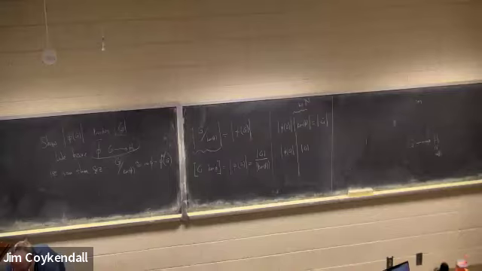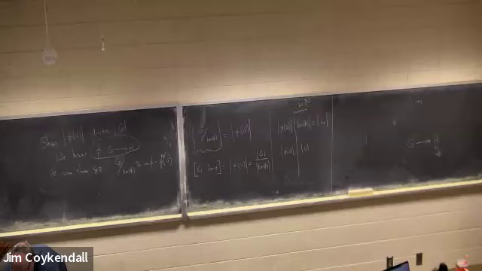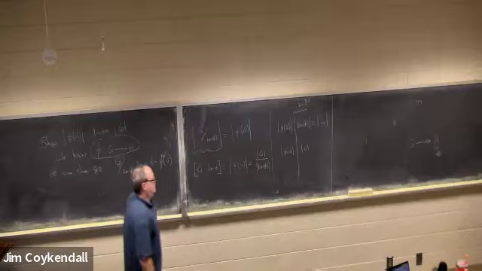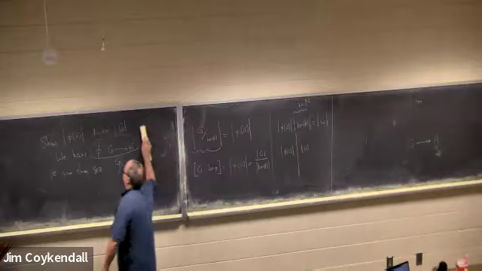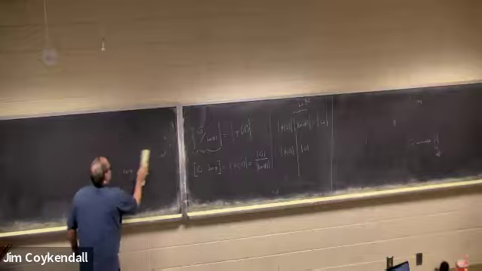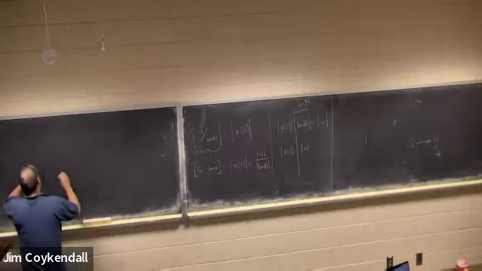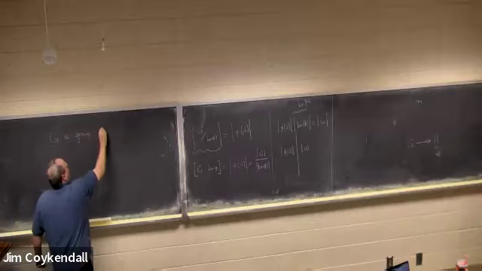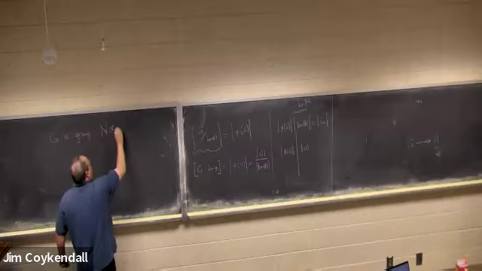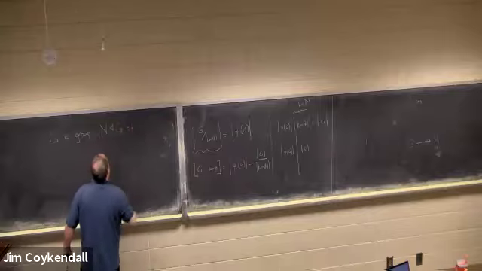Suppose, okay, so I'll read the question and we'll try to focus on it. Suppose G is a group and N is normal in G and the index is P squared. Show there must exist a subgroup H of G with the index P. Okay, so here's the setup. N is a normal subgroup.